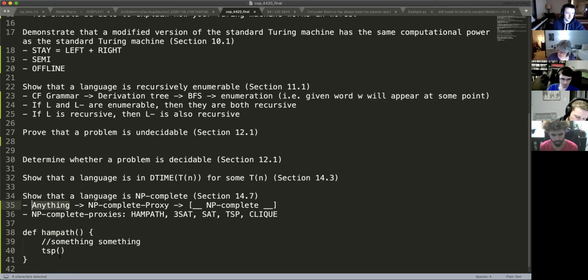So would you show that TSP is reducible to ham path? I would take ham path and present the algorithm for ham path using TSP and known things like addition, subtraction, whatever. So this is our black box. We don't care how. We know that TSP is going to work.